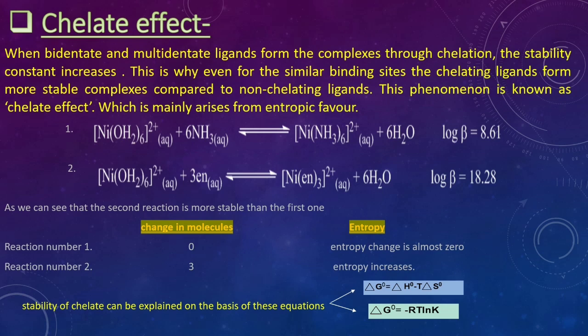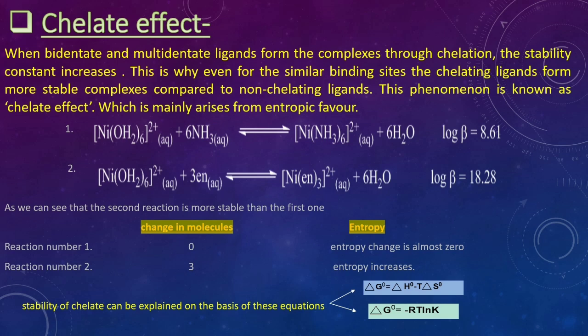So as a thermodynamic aspect, we can say that the stability of chelate can be explained on the basis of the equilibrium constant, in turn related to del G, del H, del S, as del G equals del H minus T del S and del G equals minus RT ln K. In chelate formation, the T del S term contributes significantly to make del G highly negative.